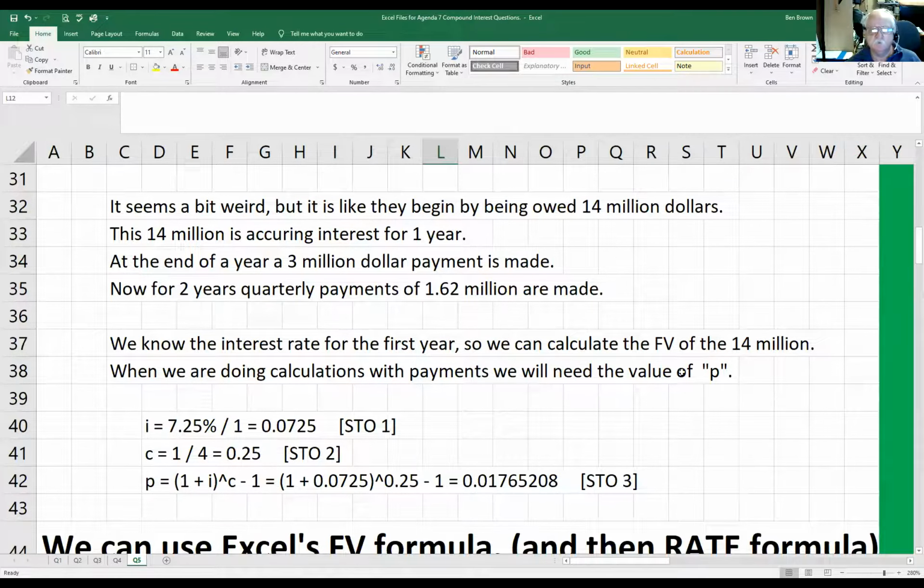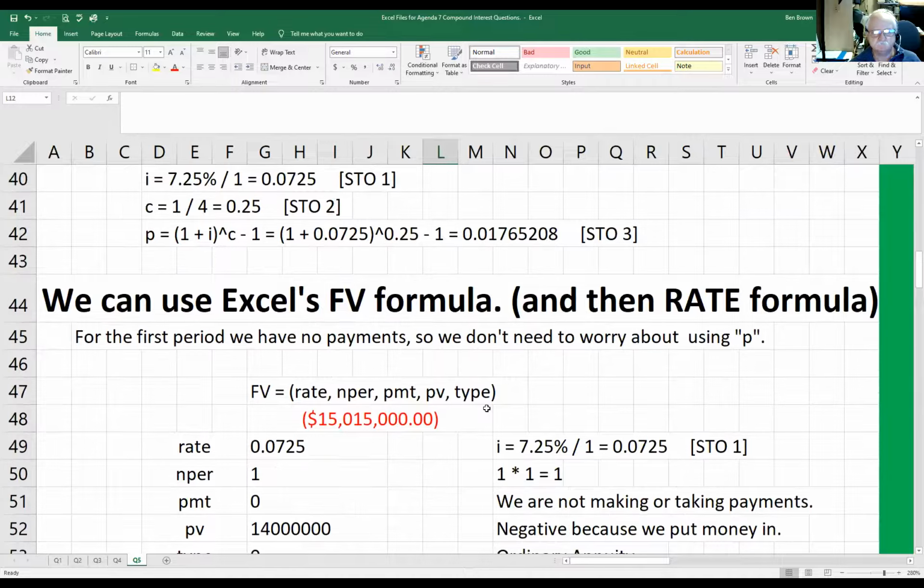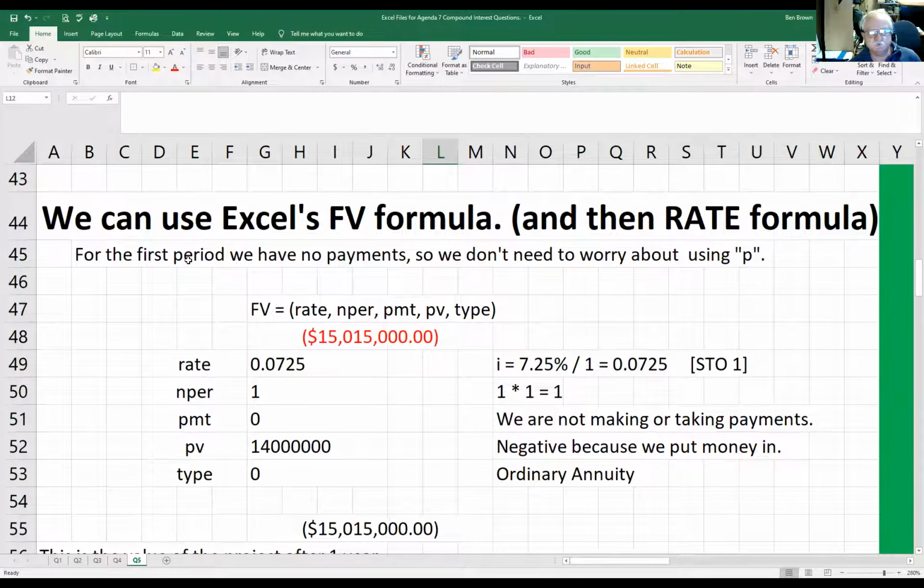Because it's a general annuity, we know we're going to need the value of P somewhere. So we have I, we have C, and we get P. I'll store that in register 3 because we'll need it. For the first period, there's no payments, so we don't need to worry about using P.